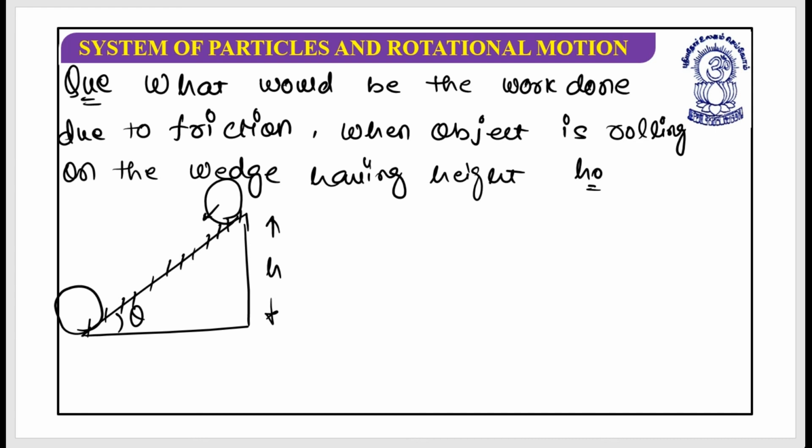So they want us to find out the work done due to friction. We understood that in this situation the object can roll because of only and only friction, because mg sin theta does not provide the required torque to rotate. So it is the friction which will provide the torque.